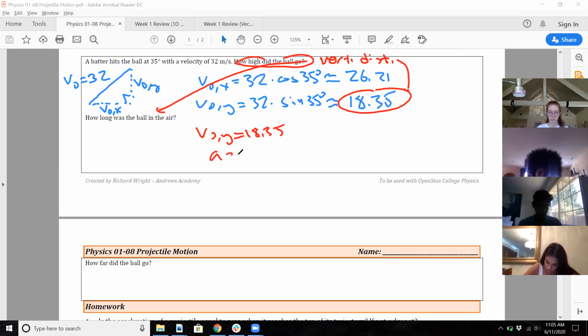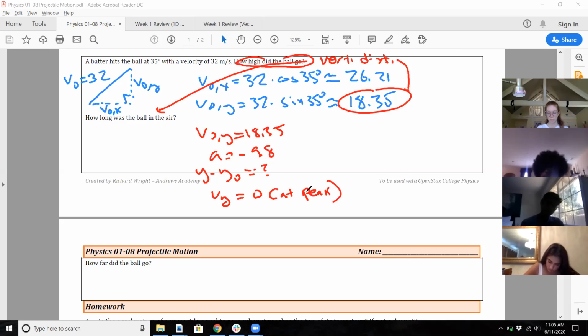I know my acceleration due to gravity is negative 9.8. I want to solve for y minus y0. I don't know that. And I know my velocity in the y direction is going to be 0 at the peak. So the equation I'm going to use is this right here. And just so I'm consistent, I probably should put these little y's here. So I'm solving for y minus y0.